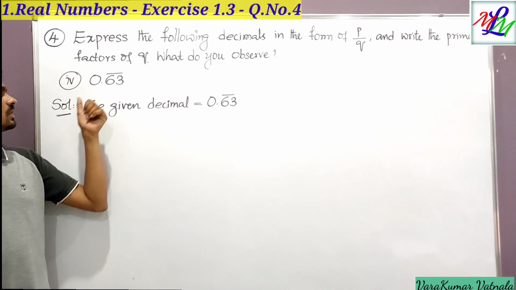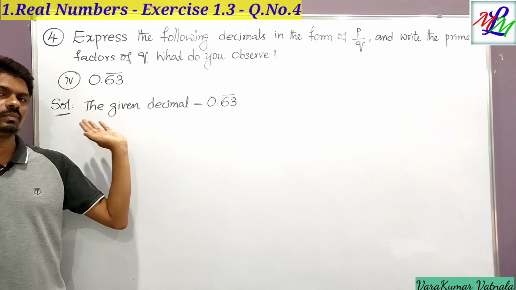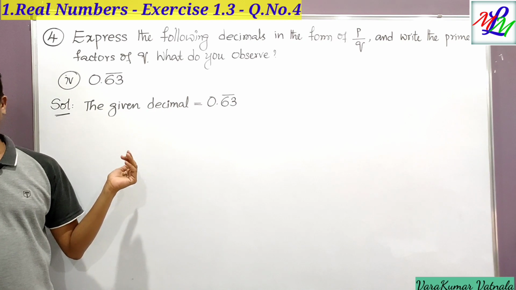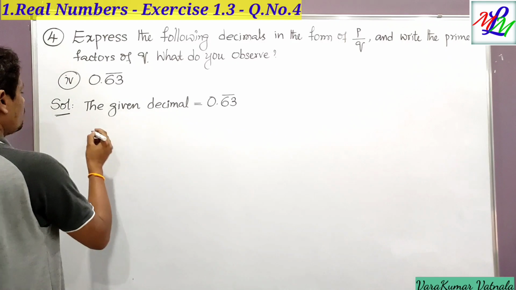In the fourth bit, 0.63 bar is given. Again we have to write the p by q form of the given decimal, then after we have to write the prime factors of q. So the given decimal is 0.63 bar.